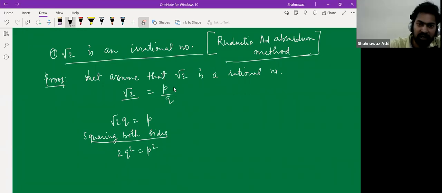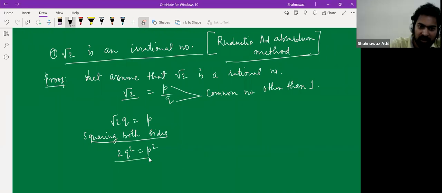Now we see that p and q don't have a common factor other than 1, since we assumed root 2 is a rational number. From here you see that 2 is a factor of p square, so p square has a factor of 2.